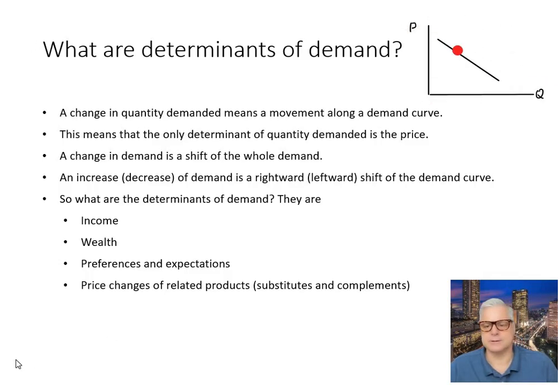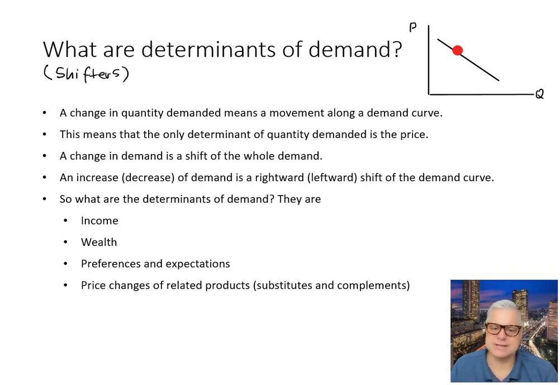Okay. So now, what are the determinants of demand? You can think of them also as shifters. Here, a change in quantity demanded means a movement along a demand curve. So if the red dot is being shifted, that's a change in quantity demanded.